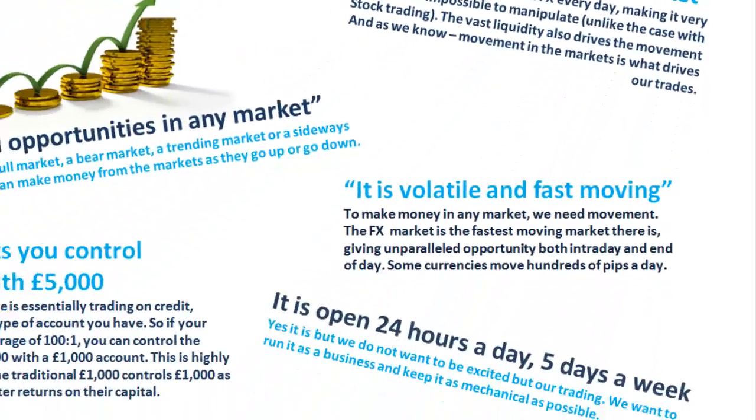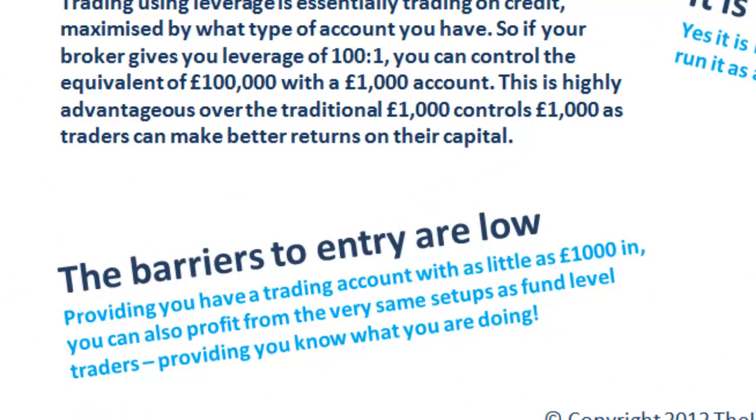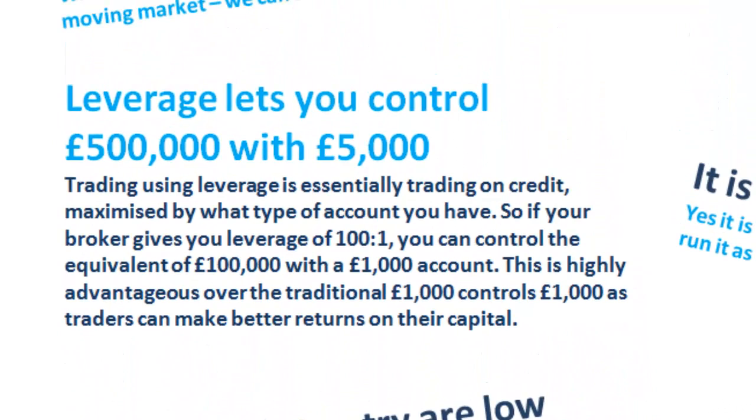The barriers to entry to trade are extremely low. Unlike with stocks, you could start off trading with as little as £1,000 or $1,000 in your trading account. Unlike with stocks, where to get any meaningful gain, if you're just buying and holding stocks, you need at least 5,000. But with currency trading, spread trading, it's highly leveraged, so you can make more money from less, essentially. And you could essentially control £500,000 with just £5,000 with a leveraged account of 100 to 1.